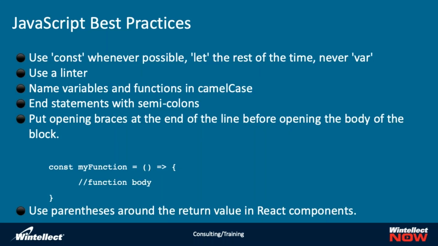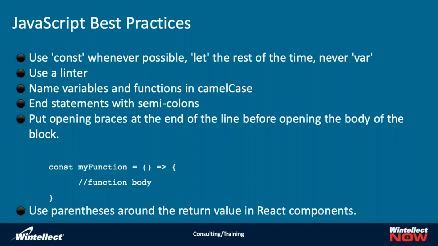There are some best practices in JavaScript that I recommend using and that most people today recommend using. And these are a few of them. There is in ES 2015 a new const keyword for creating constant variables and a let keyword for creating block scoped variables.